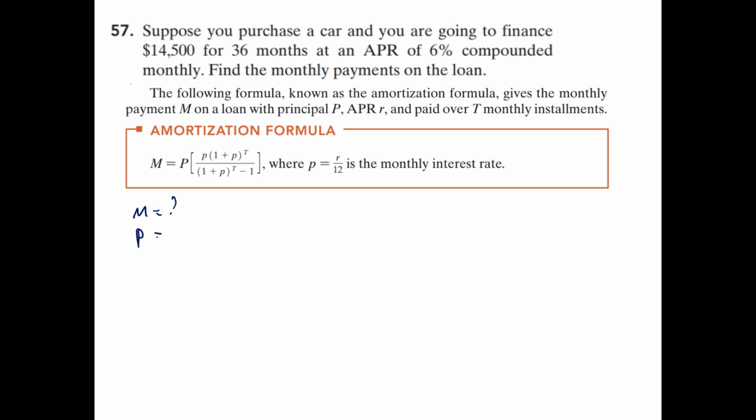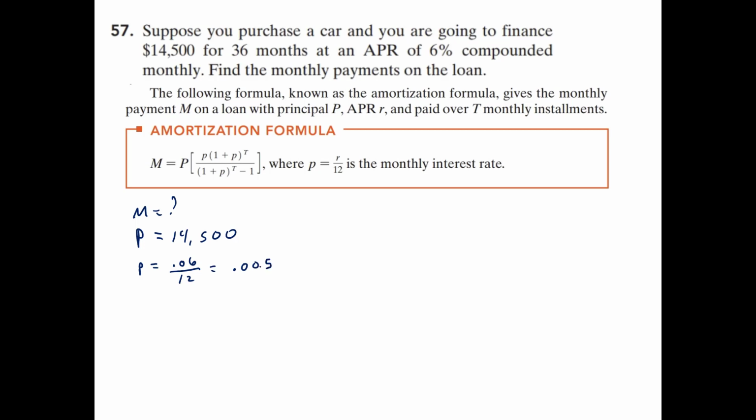Capital P is how much you're borrowing, and that is $14,500. Little p is the monthly interest rate. So you are paying 0.06 for the entire year, so you would pay 1/12 of that for a month. 0.06 divided by 12 is 0.005.